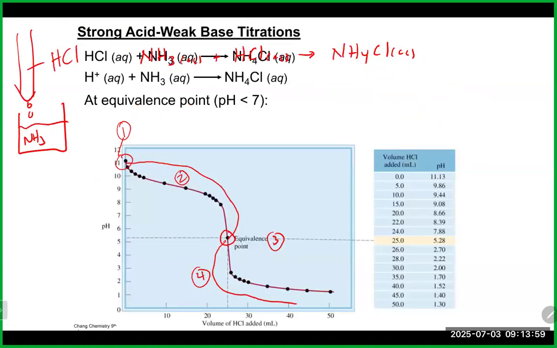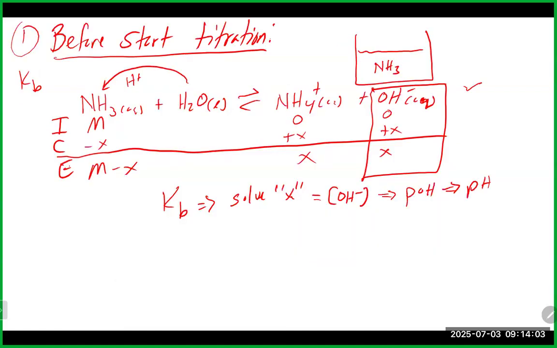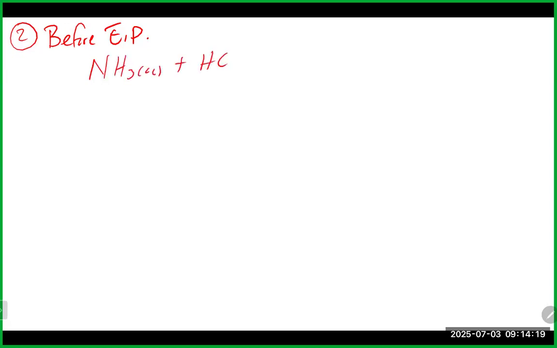Now, number two, once we start the titration here, and again, before the equivalence point, we obviously are going to get a reaction between our ammonia and our HCl. And in this case, it is going to accept the H plus over here.